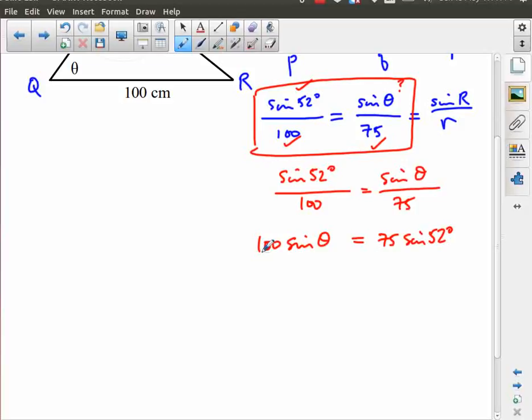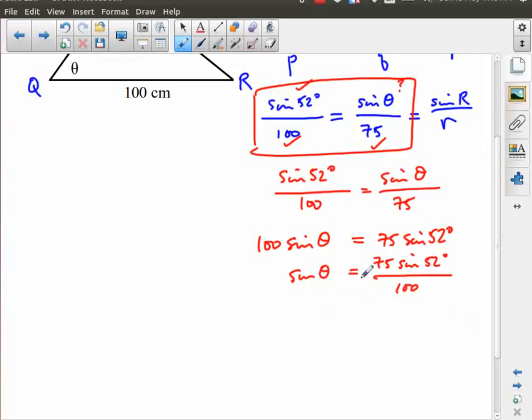I divide by 100 this time. I'm not going to divide by sine theta. I actually want sine theta all by itself. And I get 75 sine 52 degrees divided by 100. And my preference is algebra.